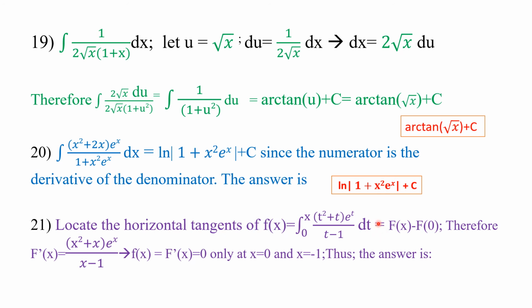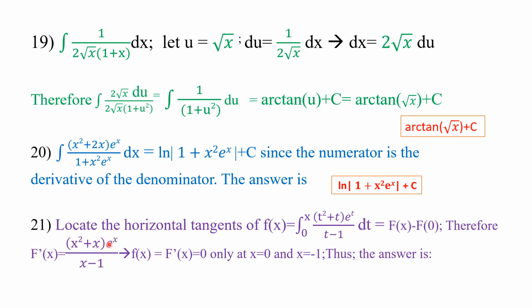This is definitely equal to uppercase F of x minus uppercase F of 0. Therefore, if we're looking for the derivative of uppercase F of x, then that will give us x squared plus x, all multiplied by e to the x, divided by x minus 1.